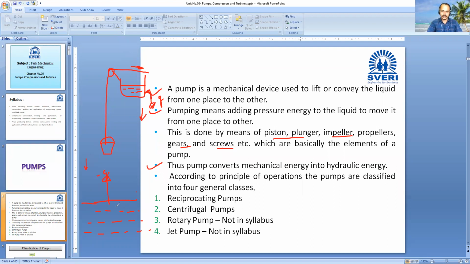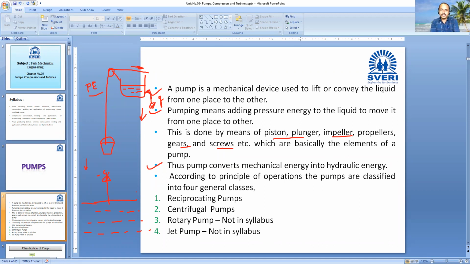It means if I lift water up to that level, can I say that water acquires potential energy? Yes, sir.